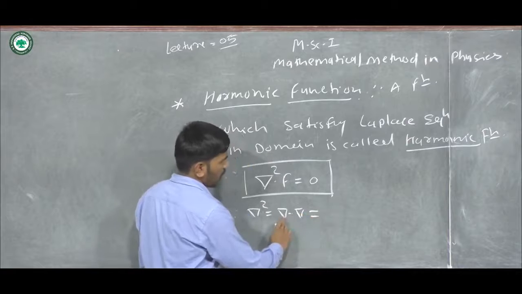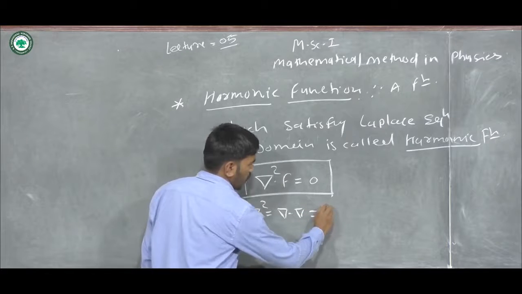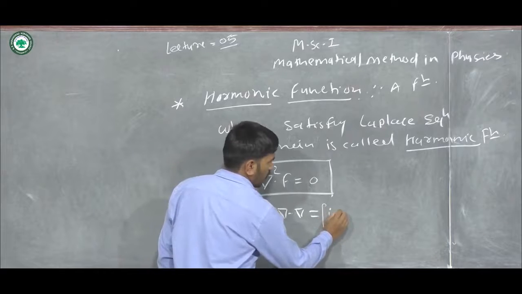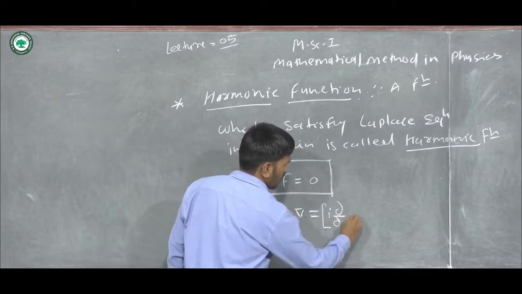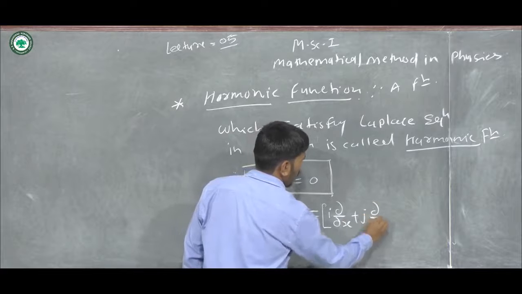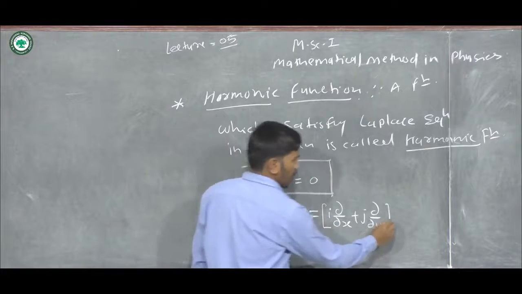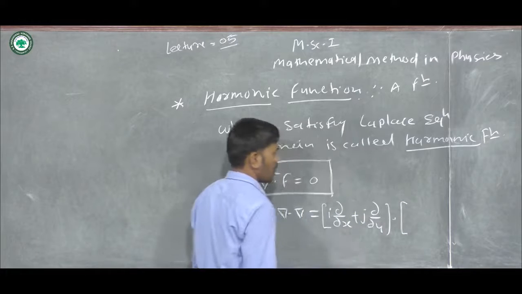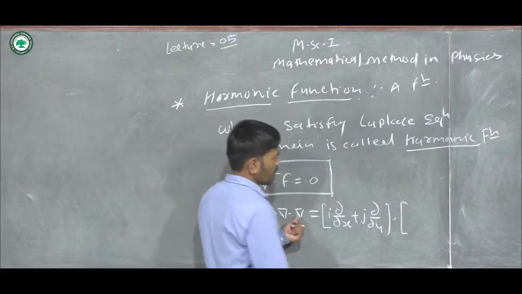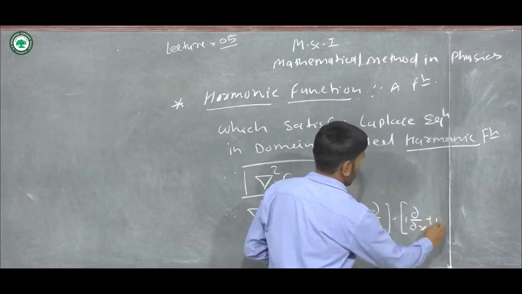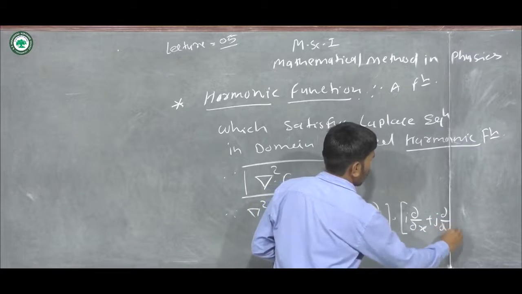For two variables, we can write del is equal to i times dou by dou x plus j times dou by dou y. Dotted with the same thing, dou by dou x plus j dou by dou y.